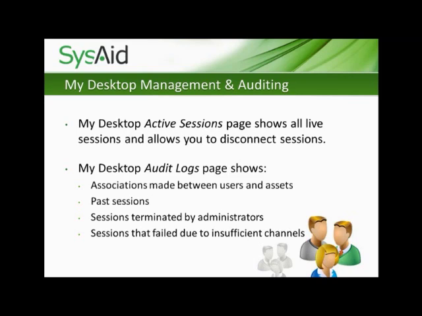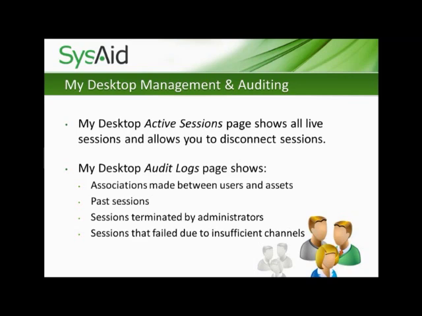The other page we have is audit logs. Audit logs basically writes down different types of activities related to My Desktops. Every time a user is being associated with an asset or vice versa, it will write that in the audit logs page.